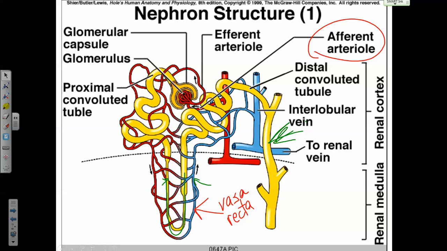If you notice the picture of it at the glomerulus, the blood's not changing color, is it? Meaning there's no gas exchange there. So there's an arteriole on each end, and then the efferent arteriole leads to peritubular capillaries, which do involve a gas exchange with the kidney cells. Okay? And then they're going to lead to venules and veins that are going to lead out of the kidney. That's interesting to me.